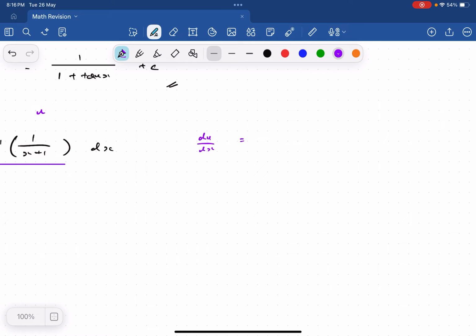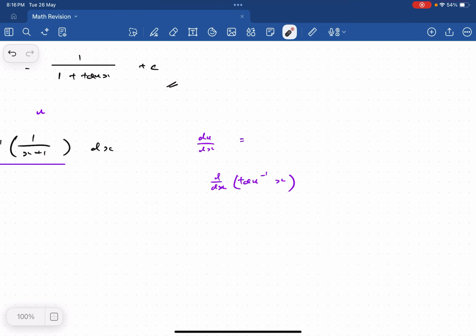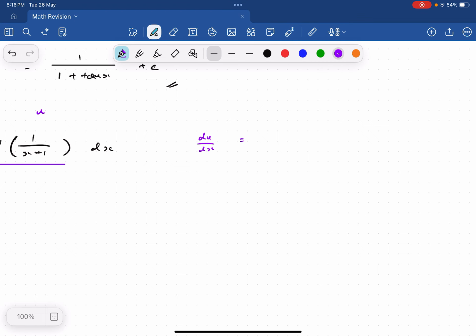Because in MF27, we are given how to differentiate tan inverse x, right? So if I apply this result given in MF27 and then chain rule it, I will get the following. It's going to be 1 plus this thing squared.